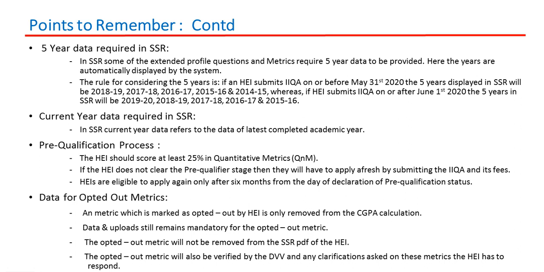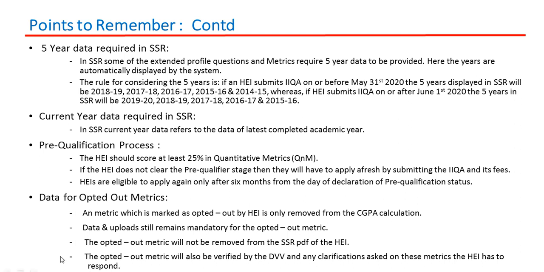Then we have the pre-qualification process. The HEIs should score at least 25% in quantitative metrics to be pre-qualified. If the HEI does not clear the pre-qualifier stage, then they will have to apply afresh by submitting the IIQA and its fees. HEIs are eligible to apply again only after 6 months from the day of declaration of pre-qualification status.